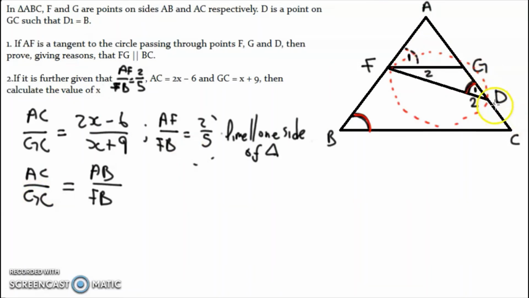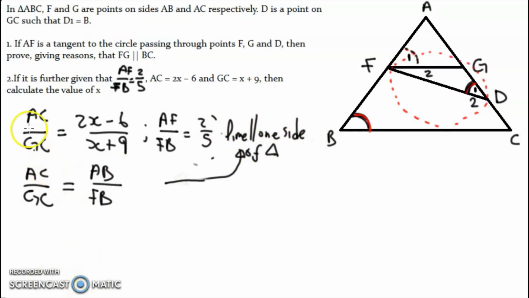So on the right side of the equality sign, we're going to take FB, which is also this small line here. Yeah, so this relation is justified by this line of reasoning.